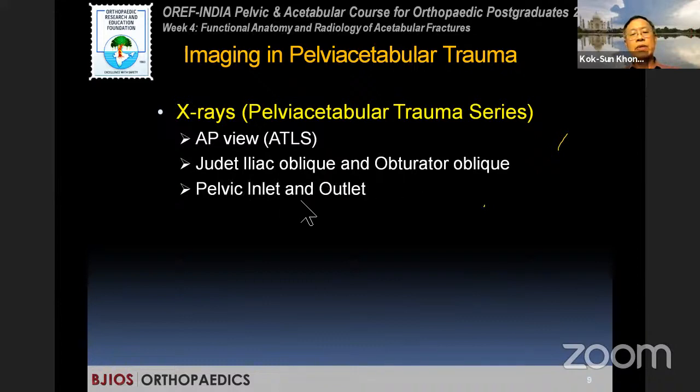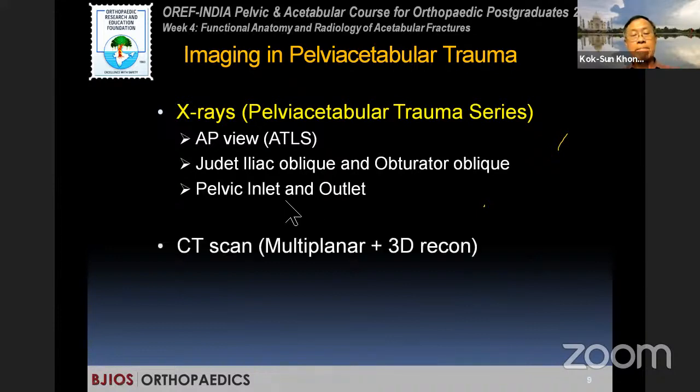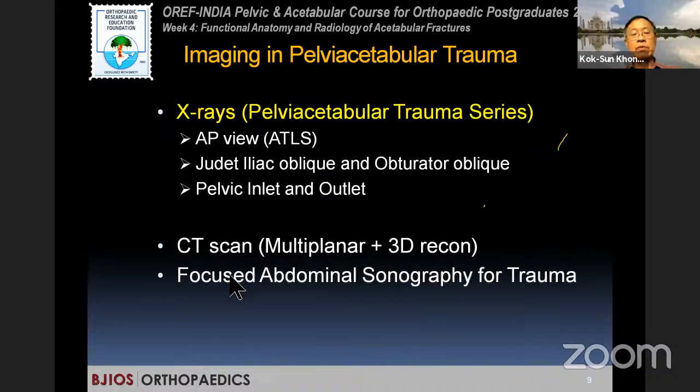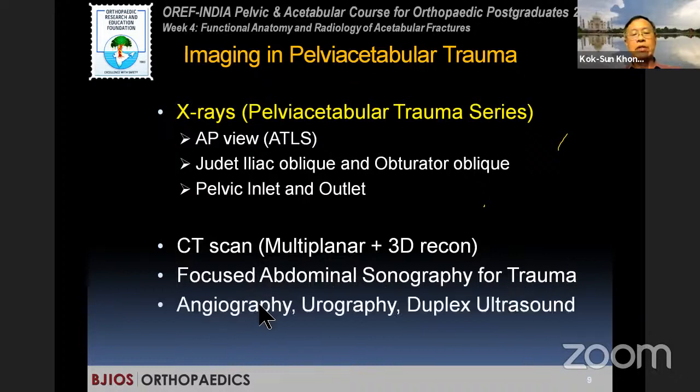And we always do the pelvic inlet and outlet views to look for sacroiliac joint disruptions and ring disruptions. Dr. Mukhopadhyay will talk about the CT scans. And you also have to think about FAST ultrasound and also angiography, urography, and duplex ultrasound for DVT. So in exams, you have to have all this in mind in the imaging.